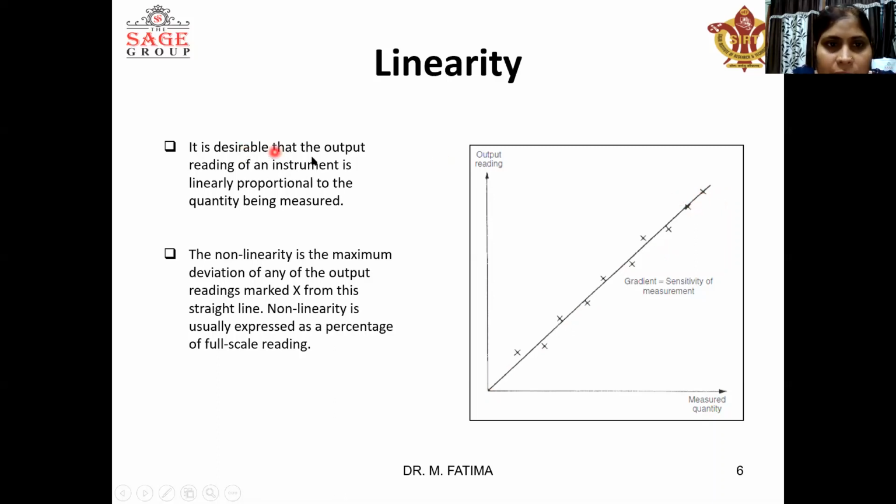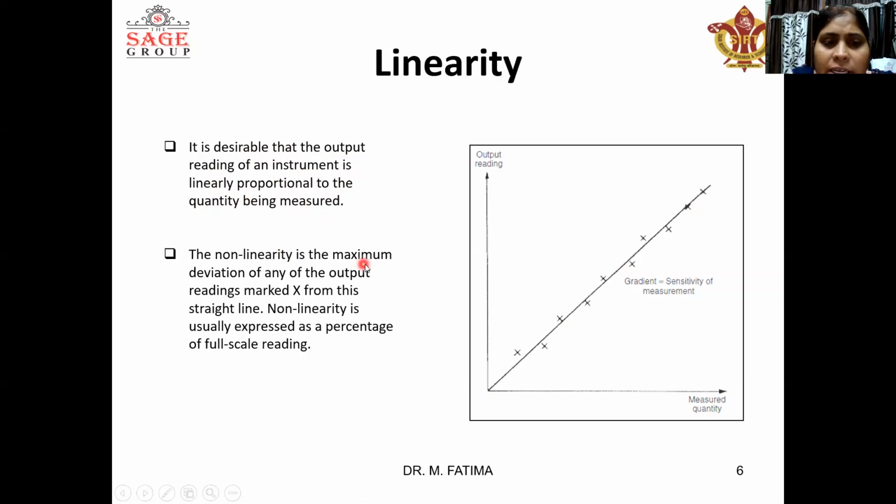It is desirable that the output reading of an instrument should be linearly proportional to the quantity being measured. It means the output quantity of an instrument should be proportional to the input quantity.